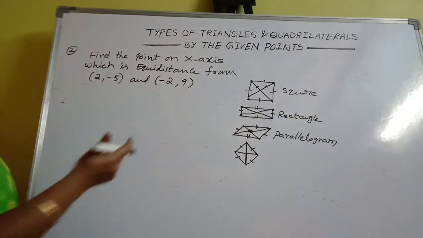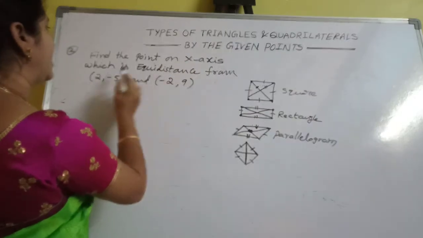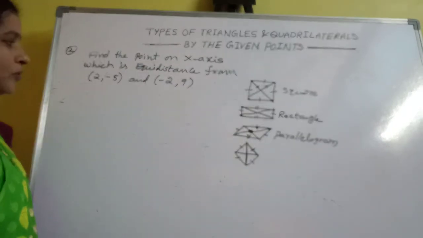So this is also an important question. Find the point on the x-axis which is equidistant from these two points.